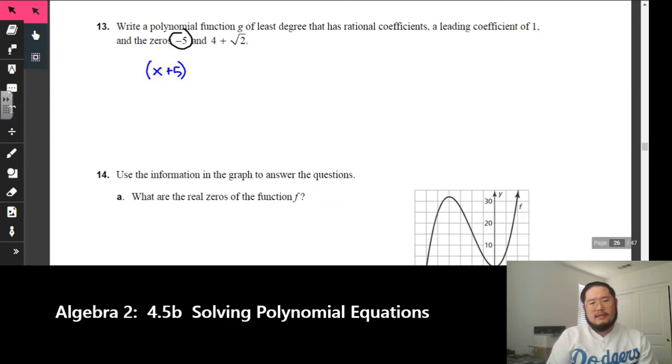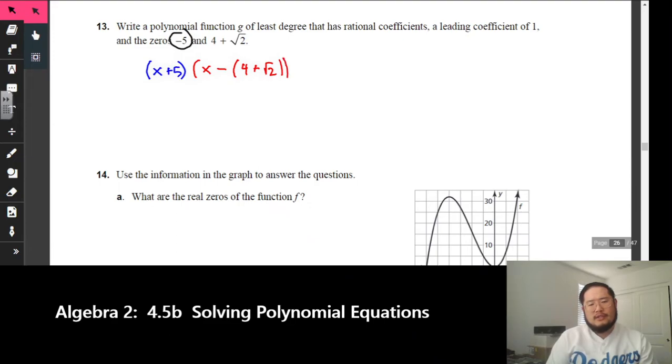The next part is where we use our irrational conjugates, okay? Now, when I set things up, I've got x minus. I need to set this up as a binomial. And inside this binomial, I will add the second zero, which is 4 plus rad 2.